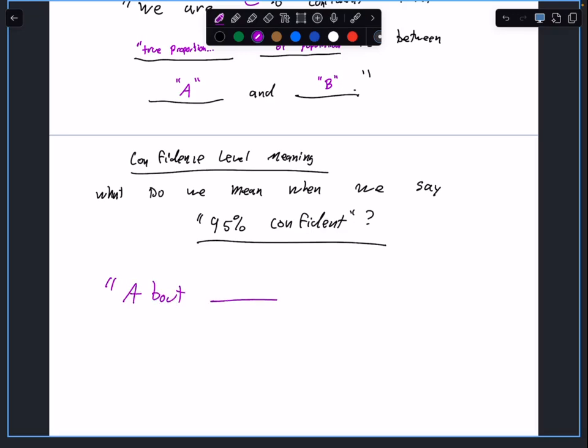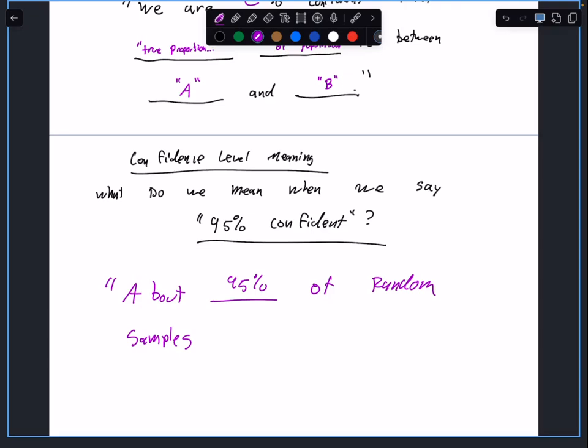about 95% of random samples, and when I say random, I mean like we did in our do now, we did 100 random samples. That's what you were simulating.